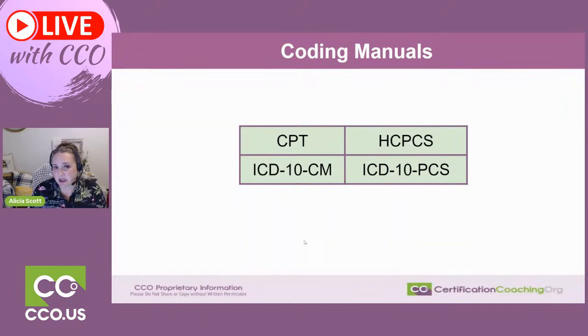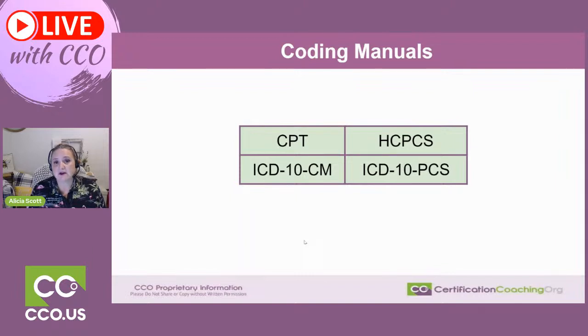The HCPCS manual has all of the supplies and medications and things that will be used for Medicare patients. And then ICD-10-CM is your diagnoses. It has all of the diagnoses that your patient could have.